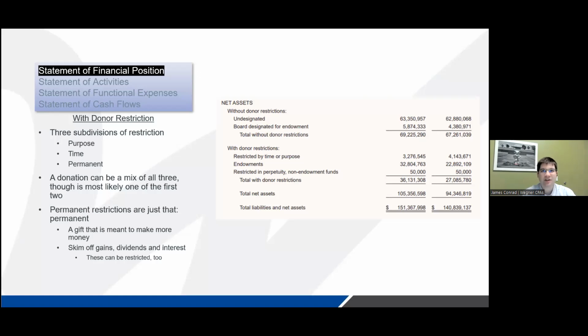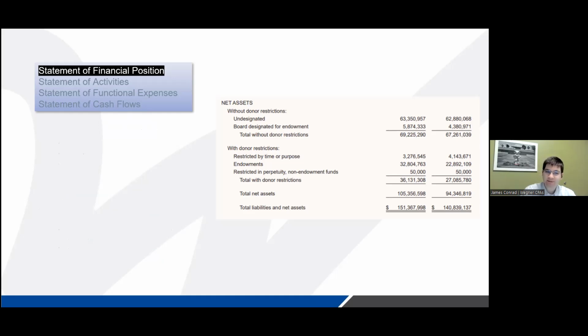It's not meant to be sold, but the dividends that get issued with that on a quarterly basis can be used for operations, but those also can be restricted too. It just depends on the structure of the restriction at the point of donation. So we could get deeper on that. Don't want to get too deep into it now, but know that that's available.